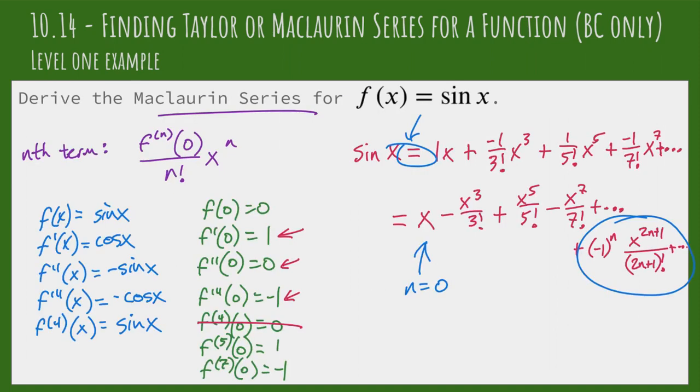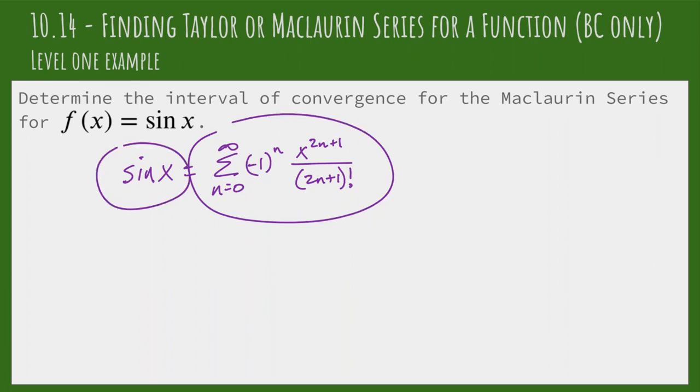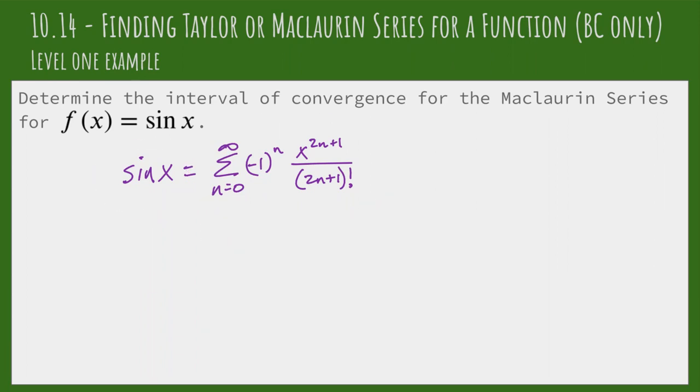So again, that's what we got here for our general term. So I want to take this series and see what x values I can plug in so that that series converges. And if it converges, it's going to converge to the value of sine of x. So for example, if it converges for, say, 1, I can plug 1 in for x here, and I can plug 1 in for x here, and these two values are going to be equal to each other.